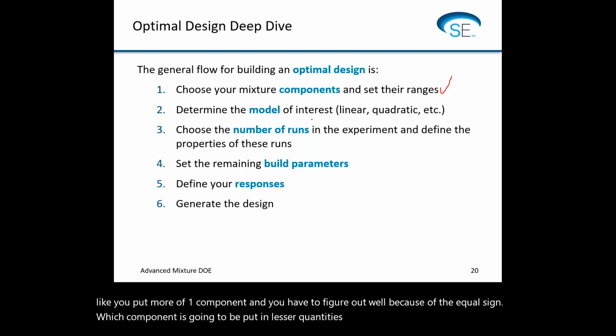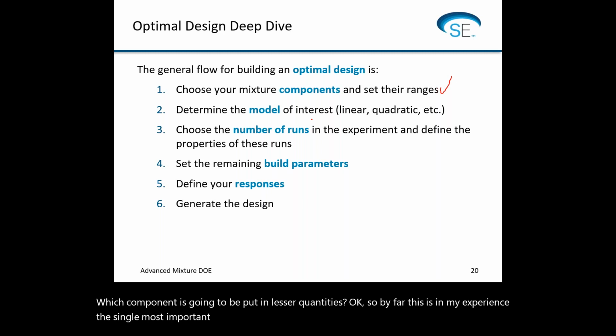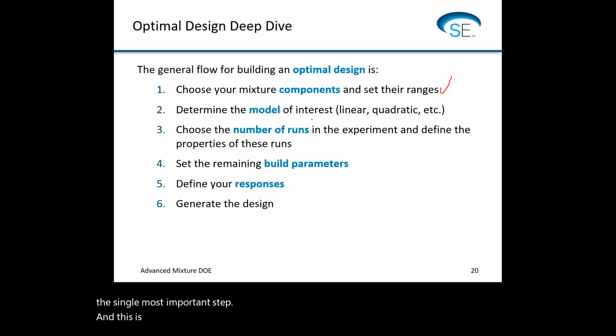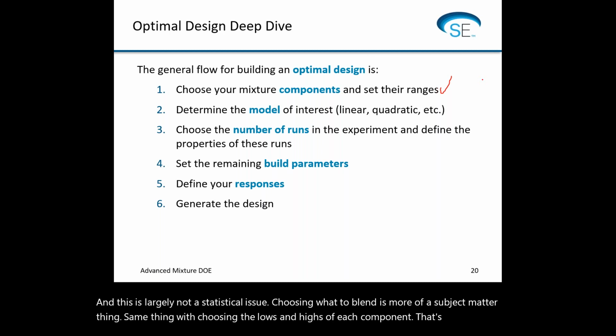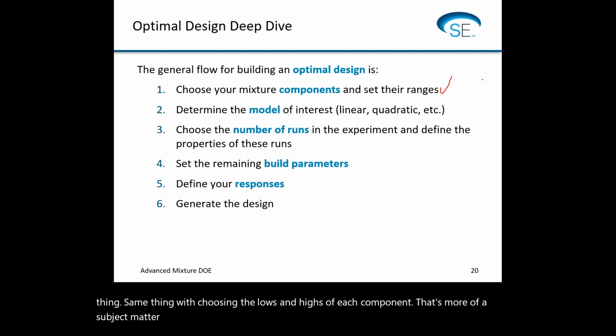So by far, in my experience, this is the single most important step, and it is 10 times worse when you're dealing with mixtures because of the equality constraint. This is largely not a statistical issue. Choosing what to blend is more of a subject matter thing. Same thing with choosing the lows and highs of each component. A statistician generally is not going to be able to contribute all that much to this discussion.